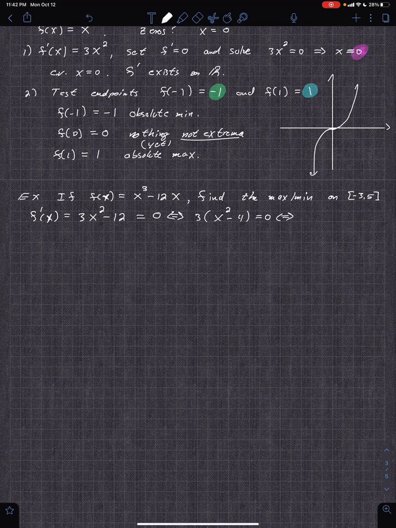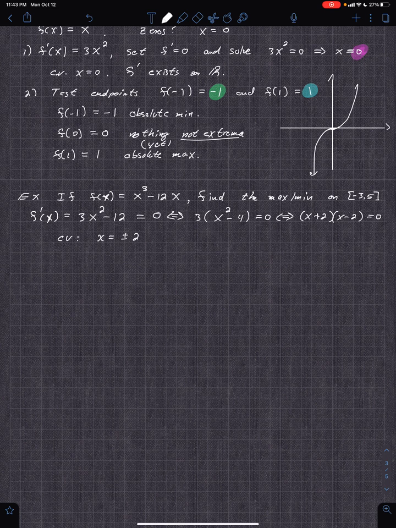Continue to factor. The 3 doesn't do anything, so you just divide it. And that's x plus 2 times x minus 2 equal to 0. So our critical values are plus or minus 2.